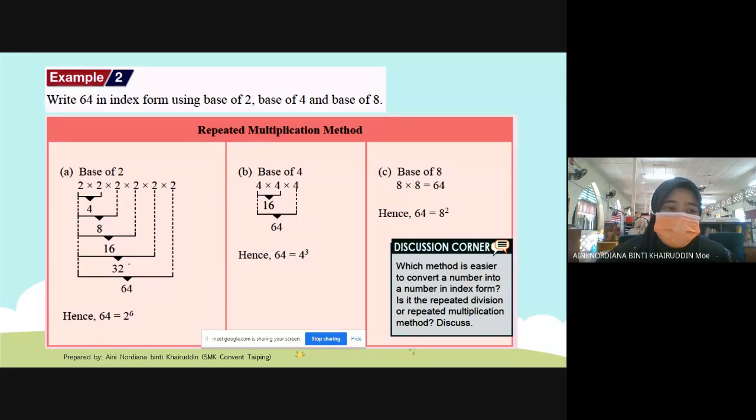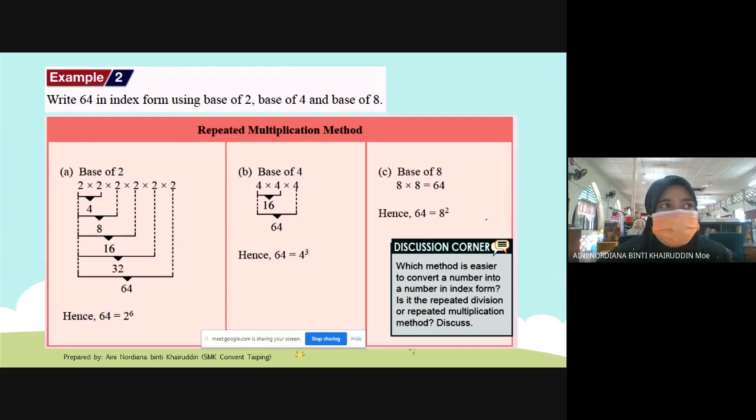Times 2, 32, until you get 64. Then you count here: 1, 2, 3, 4, 5, 6. So the answer is 2 to the power of 6. Same goes for base 4 and base 8. 4 times 4, 16. 16 times 4, 64. So 4 is repeated 3 times. So 4 cube.